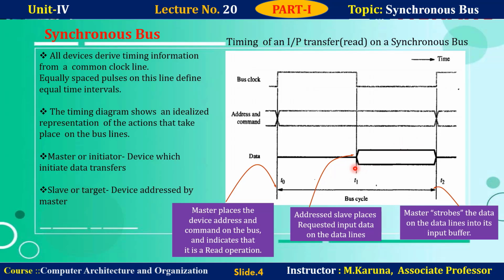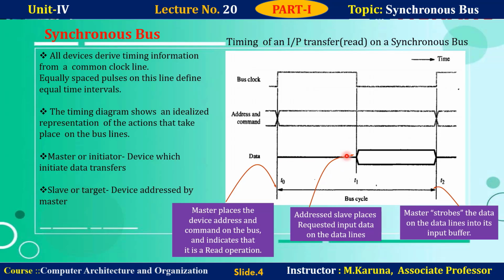During T0 to T1, this pulse width must be longer than the maximum propagation delay between two devices connected to the bus. It is also long enough to allow all the devices to decode the address and control signals.